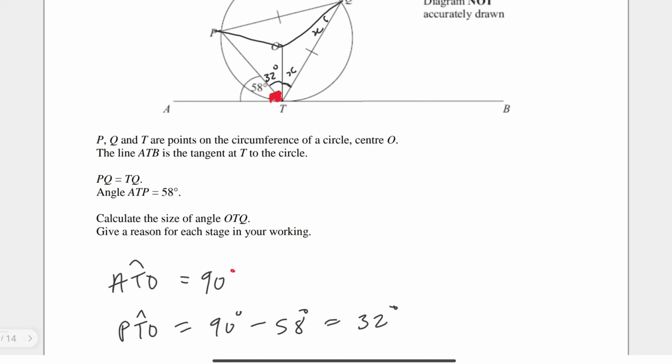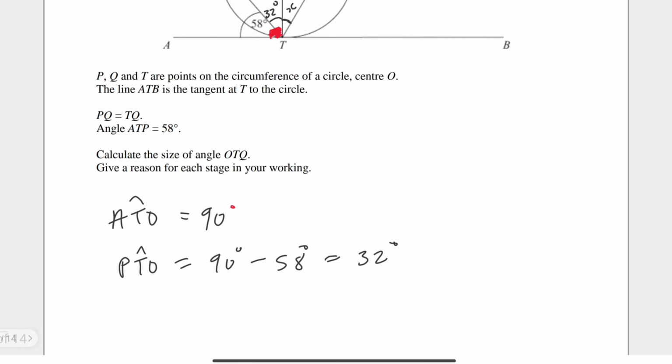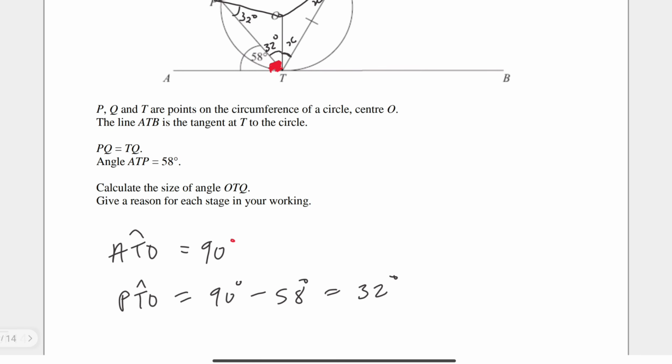So if that is 32, then this also would be 32 degrees. And if both of them are 32, that implies that POT, which is this angle X, is going to be equal to 180 minus 64, which is the sum of angles in a triangle, and that will be equal to 116 degrees.